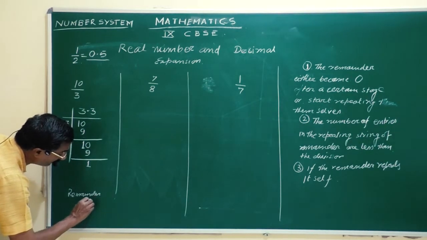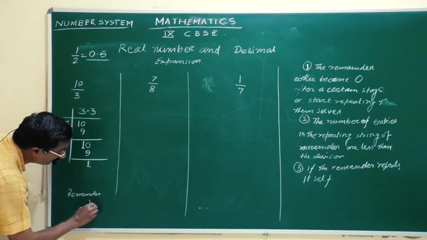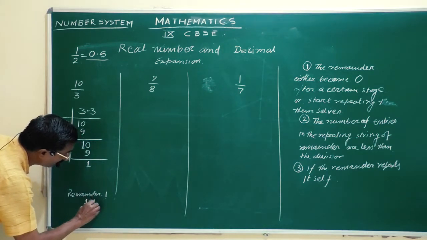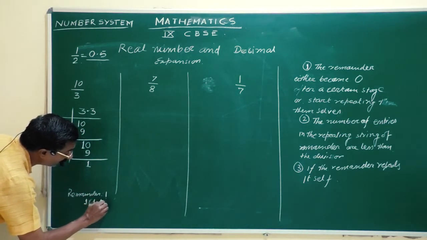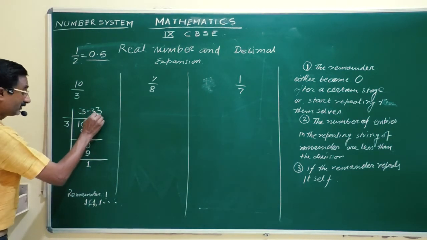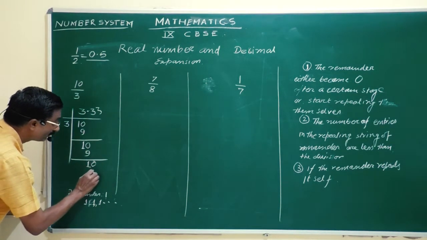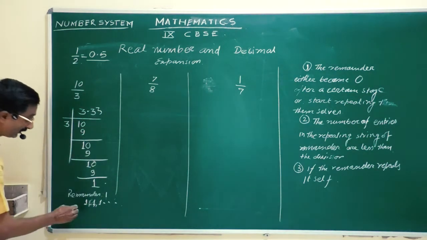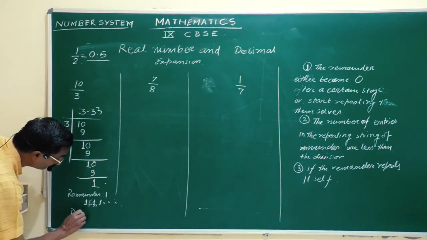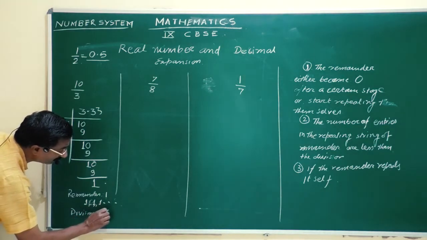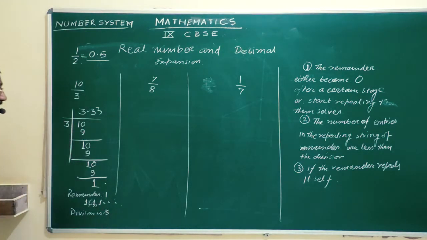Remainder is 1, again 1, again 1, and so on. Divisor is 3.